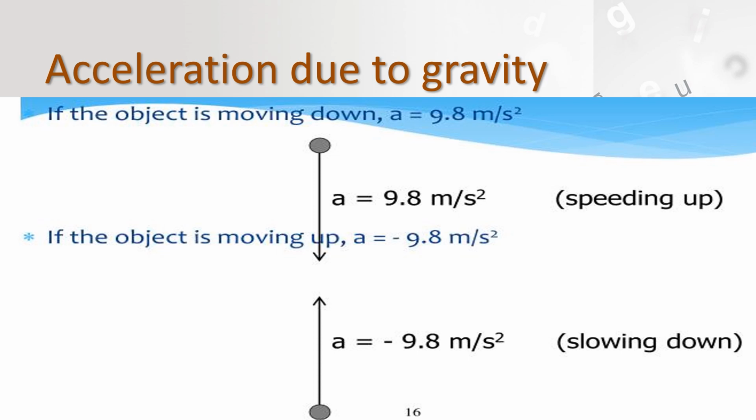Okay children, in the ancient days, in the earlier period, they thought that the heavier objects come to the ground first and the lighter objects fall later. But a scientist named Galileo Galilei tried this experiment from the top of the Leaning Tower of Pisa. We have learned about Pisa.